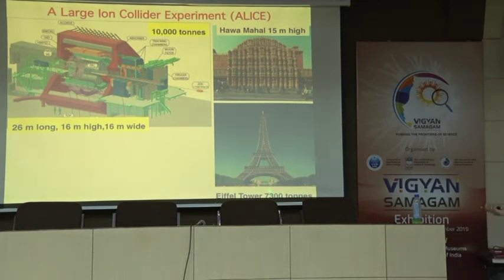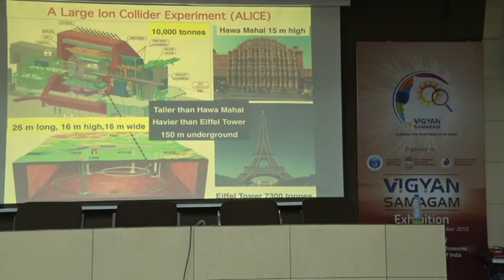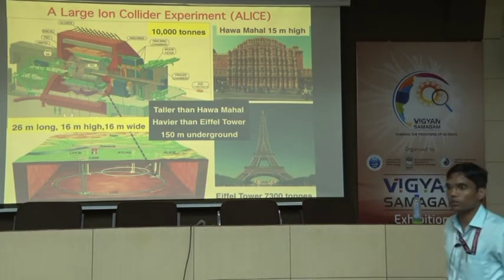The Eiffel Tower is 7,300 tons. Okay. So now you can imagine, this is a system which is taller than Hawa Mahal, a system which is heavier than the Eiffel Tower, and it is installed not on the surface, it is installed where? Inside the ground. So you can think of how challenging it is.